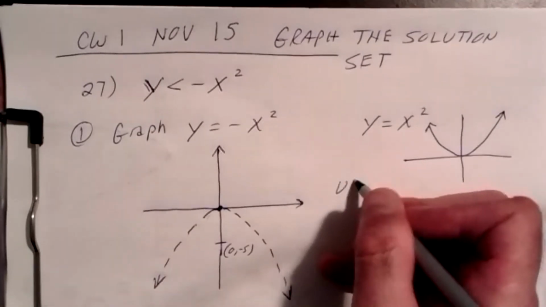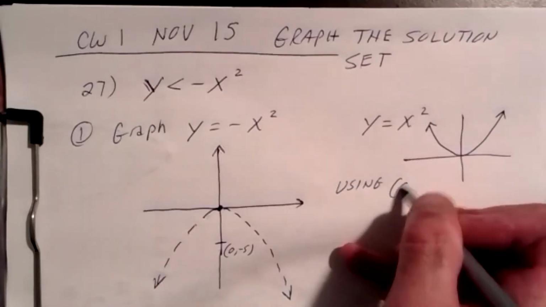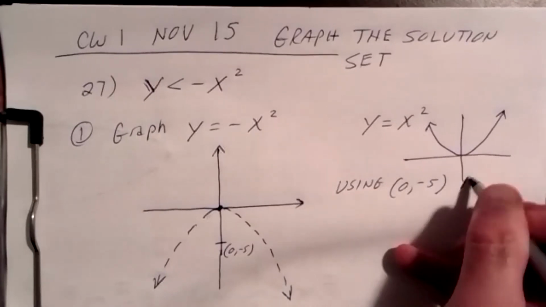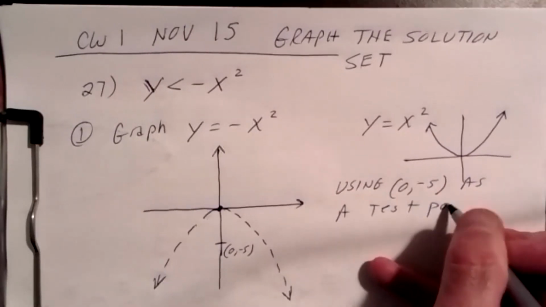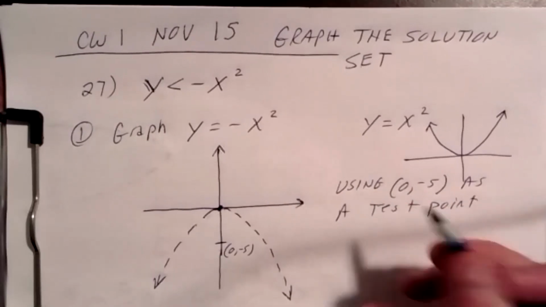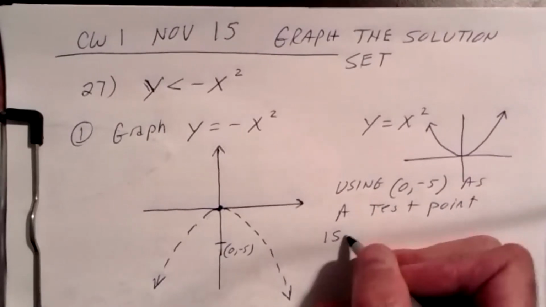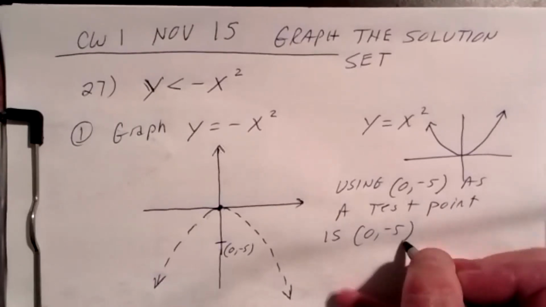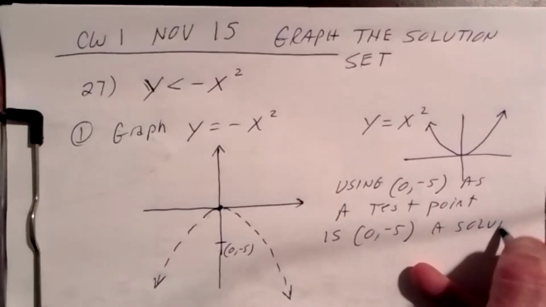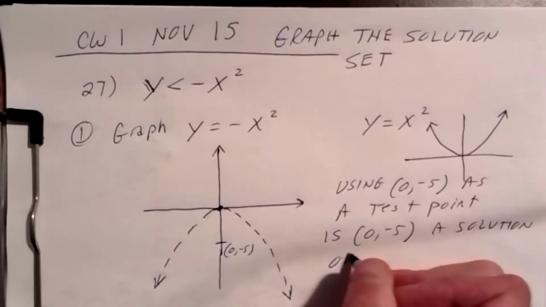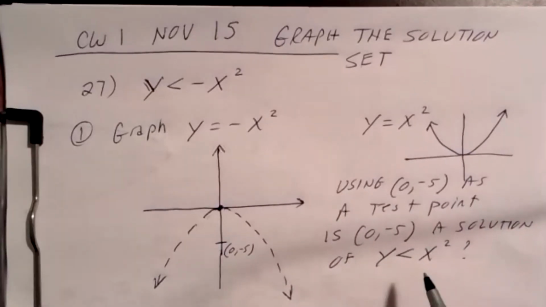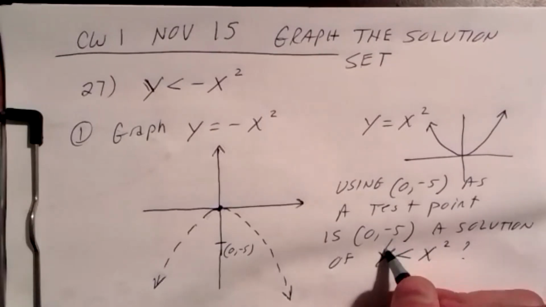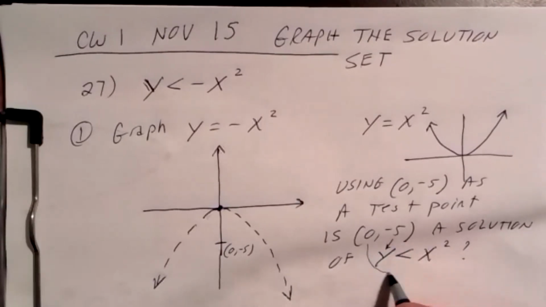Okay, so therefore, using 0, -5 as a test point, I ask myself, is 0, -5 a solution of the inequality y less than negative x squared? Well, let's find out. We'll replace the y variable with the y coordinate, replace the x variable with the x coordinate.